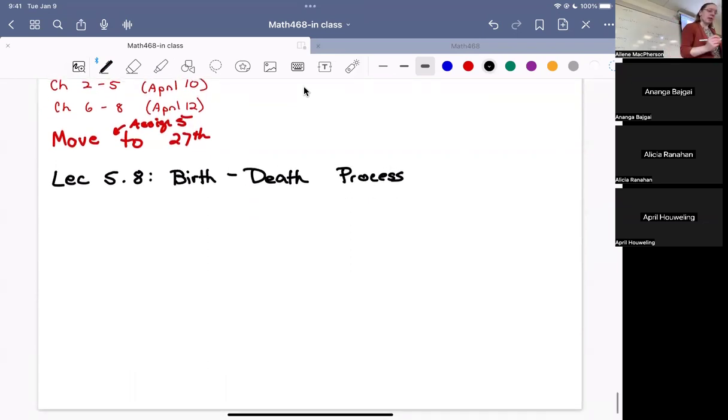So the first birth-death process that we are going to talk about is called the Yule process. This is also known as just the birth process. There are no deaths in this case, it's just a birth process.